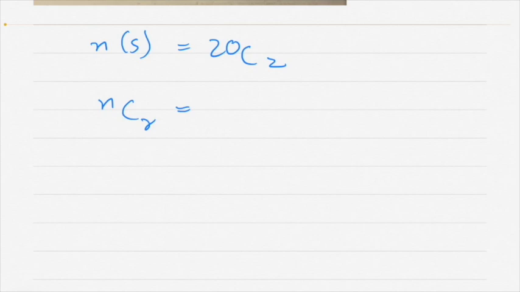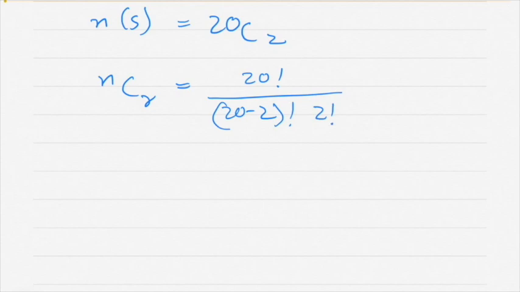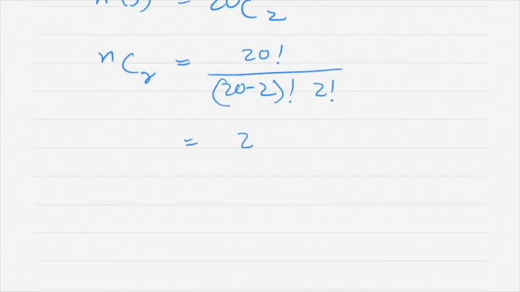What is the formula for NCR? Don't forget to write formulas. Okay. Every time you write a formula, you earn 1 mark. So, 20 factorial divided by 20 minus 2 factorial into 2 factorial. 20 minus 2 is 18.